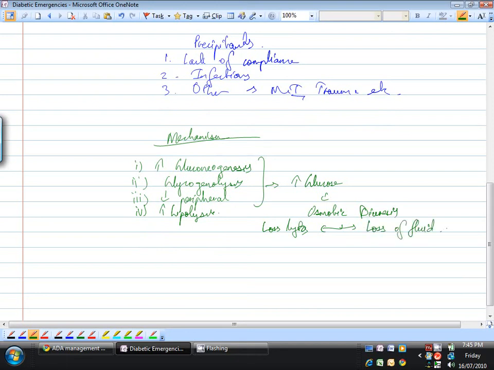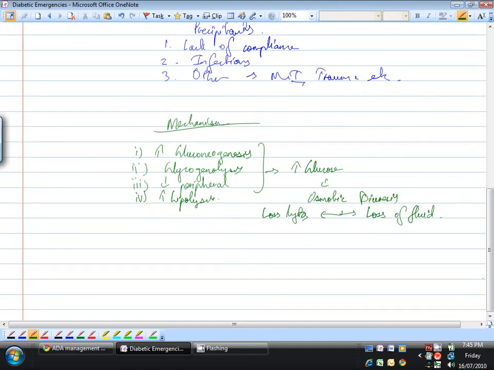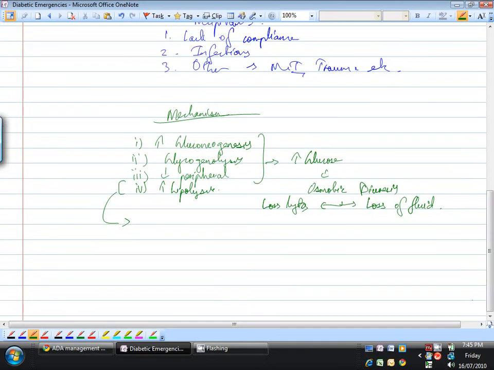The lipolysis basically causes an oxidation of the free fatty acids and generation of ketone bodies. Acetoacetic acid is the first one produced, and that can either be reduced to beta hydroxybutyric acid or acetone. Now, your nitroprusside test actually detects acetoacetic acid and acetone.